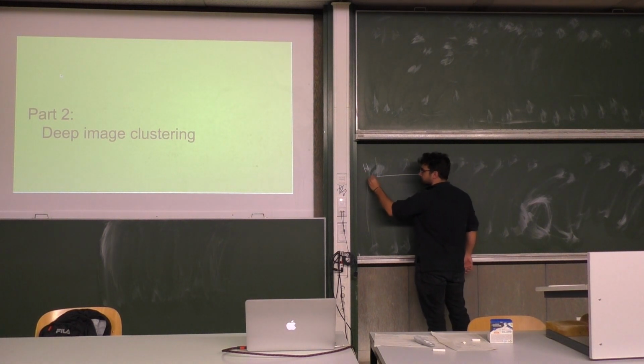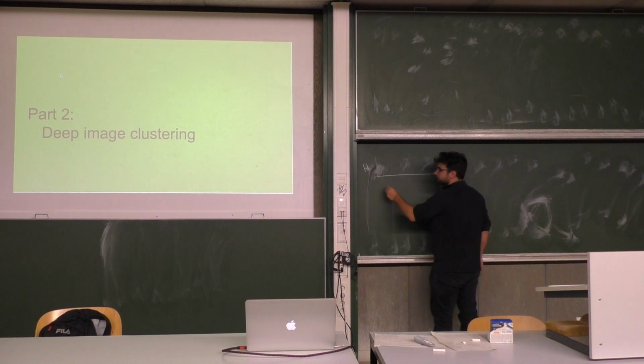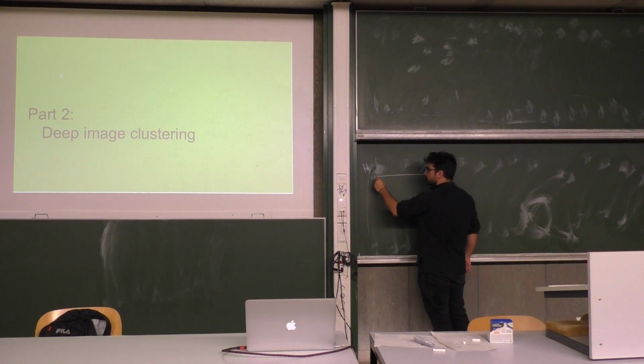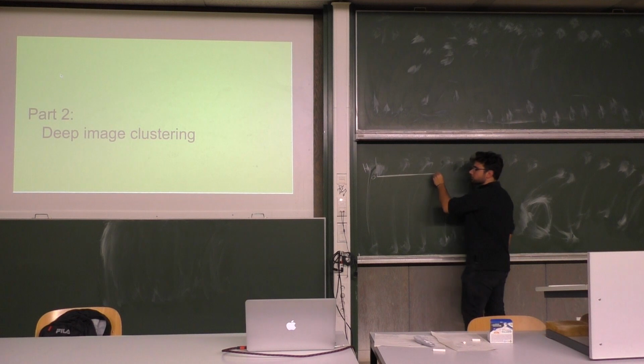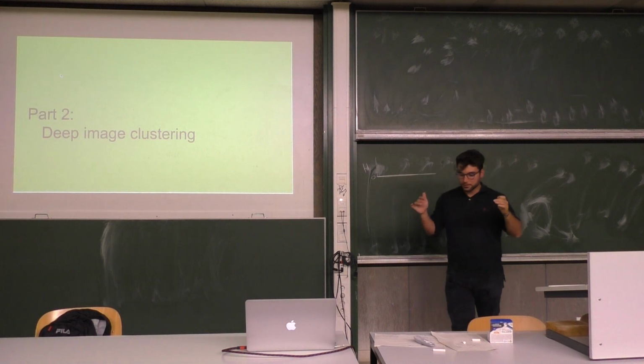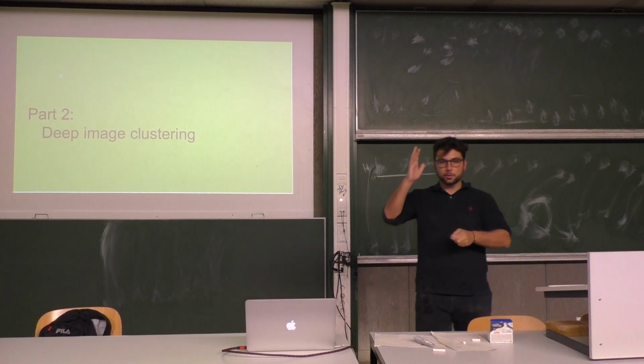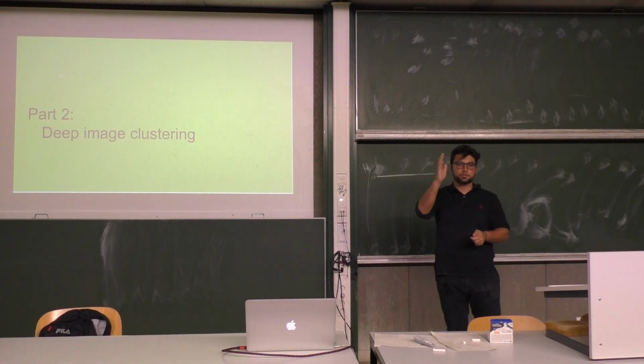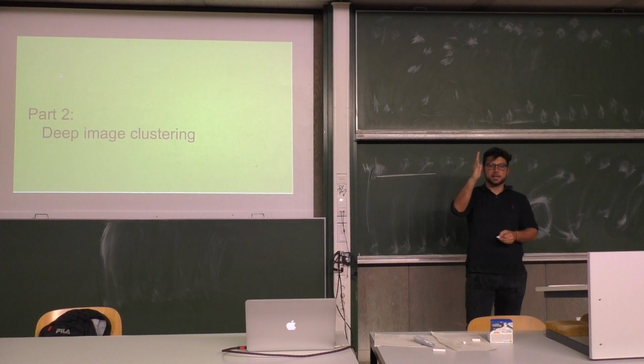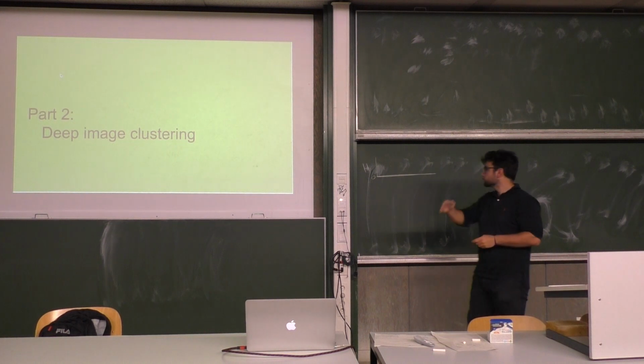If this is the entropy, the entropy being 0 means that we always predict with 100% probability one of those classes for all images.